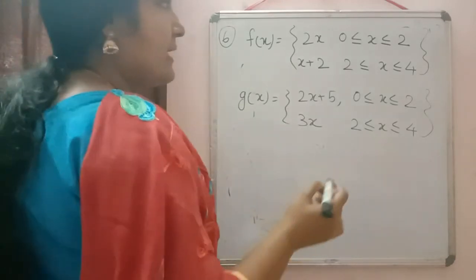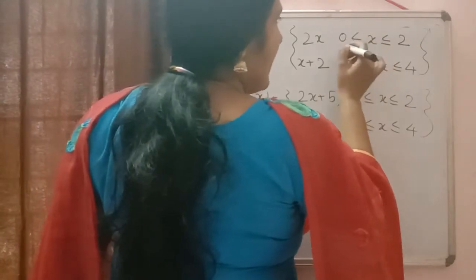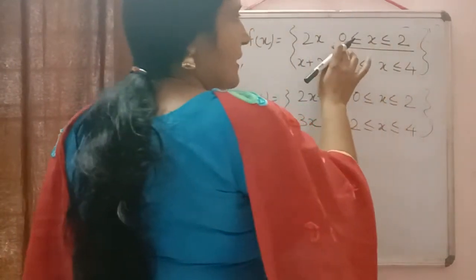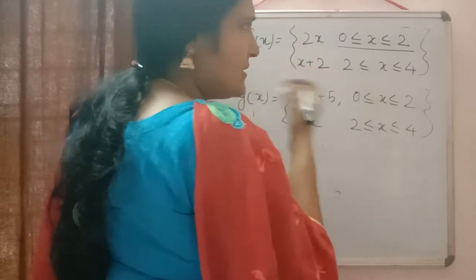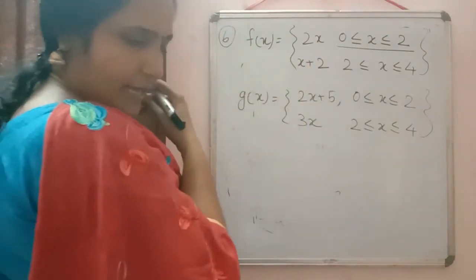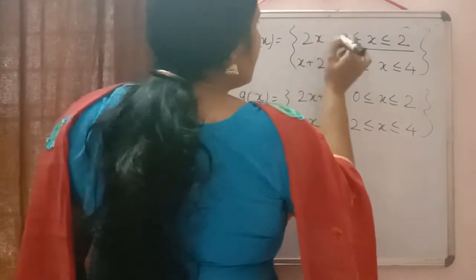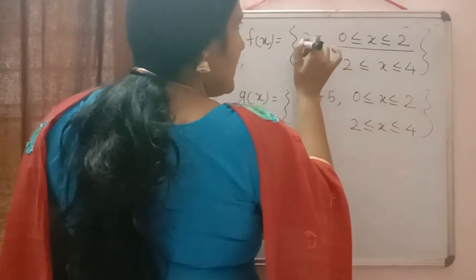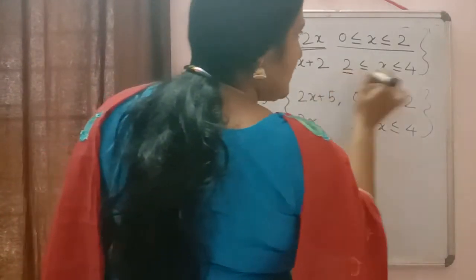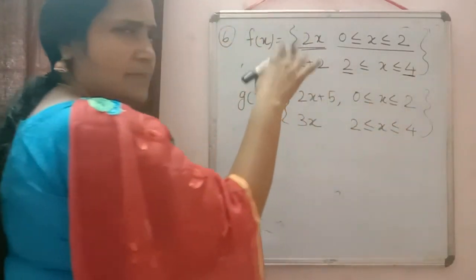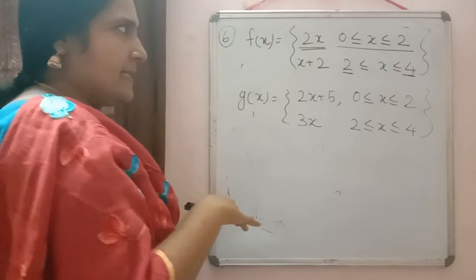So here conditions are given. When the value of x lies between 0 and 2, then the function we have to take is equal to 2x, and then when its value is between 2 and 4, the other. So at present we are taking only the integers there.